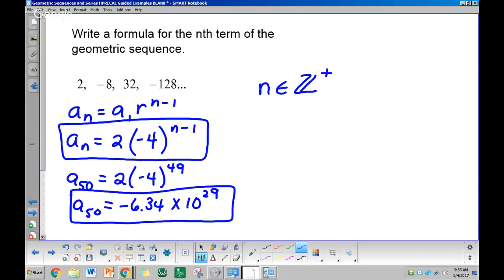No, because there's a whole bunch of numbers between here and here, right? If I let n equal 1, n equal 2, because this is my domain, the counting numbers, are there a bunch of numbers in between? Yes. And our domain is just 1, 2, 3, 4, so we can have a negative base there, can't we?